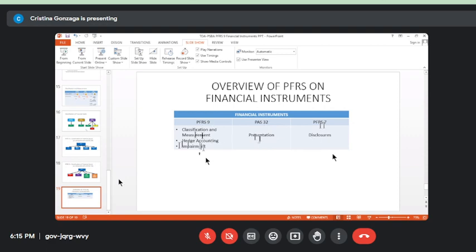All these PFRS and PAS go hand in hand. They are always together. By the way, PFRS number 9 superseded the old standard on financial instrument, which is PAS number 39.